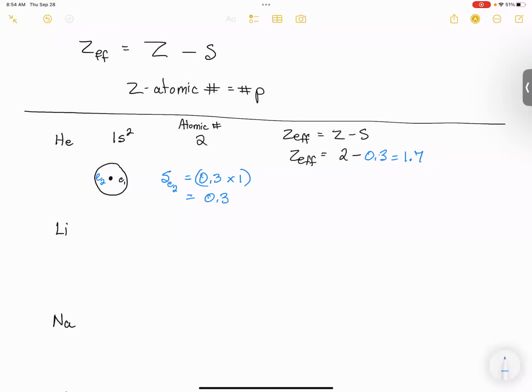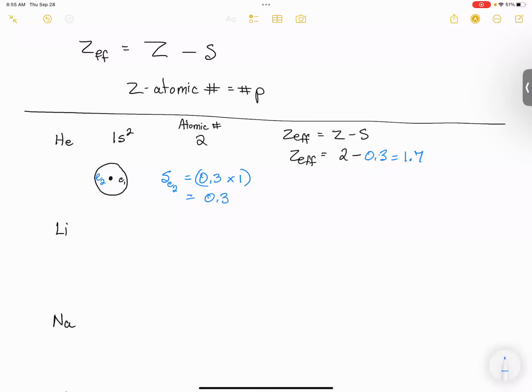Because it's in the 1s shell, I multiply it by a 0.3, and that's where that 0.3 comes from for the shielding. So we take our Z, which is our atomic number, and we subtract out that shielding, and we find out that the Z effective for helium is 1.7. I'm going to explain how these numbers impact atomic size and stuff like that on Tuesday, it looks like. Right now, I just want us to get to the calculations of Z effective.